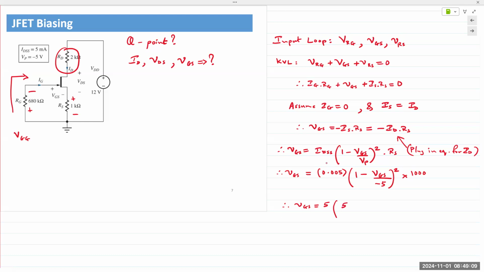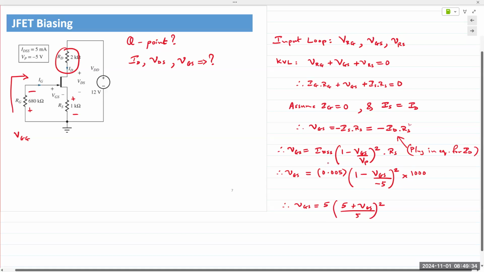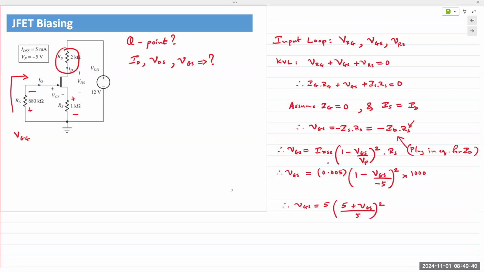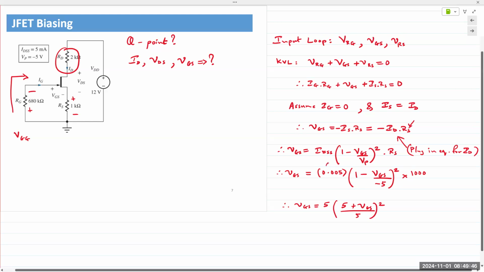We get 1 minus VGS over 5, so 25, when we square it, 5 plus VGS over 5 squared, times RS. That's the value for RS. So we had 5 milliamps, and then RS is 1000, 1 kilo ohm, and so we plug that in.